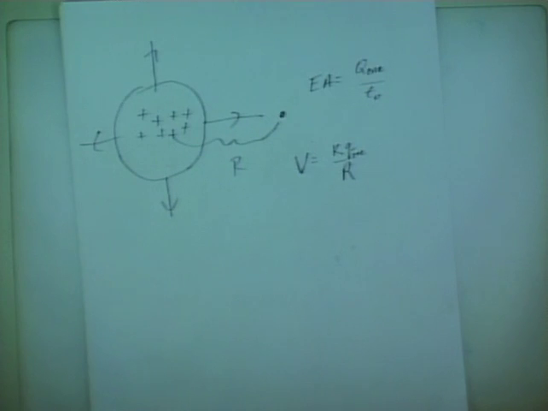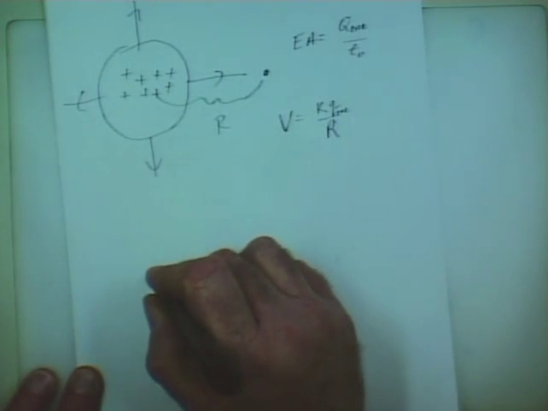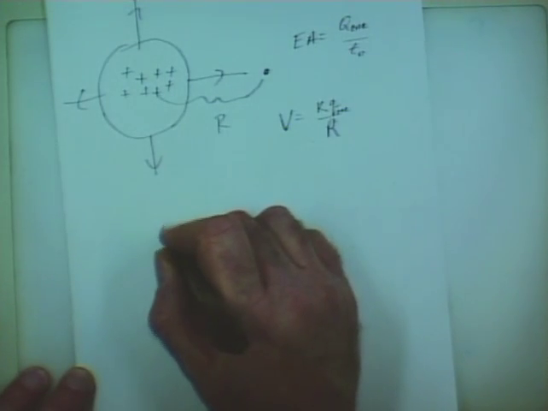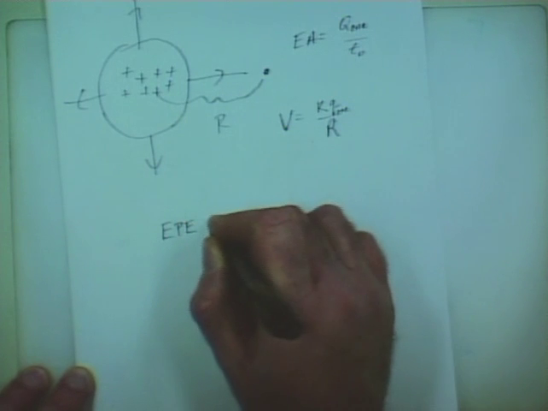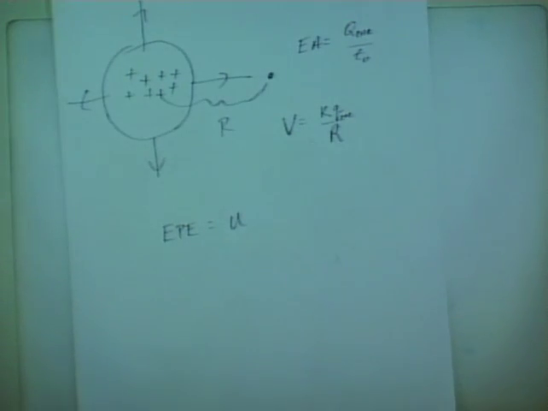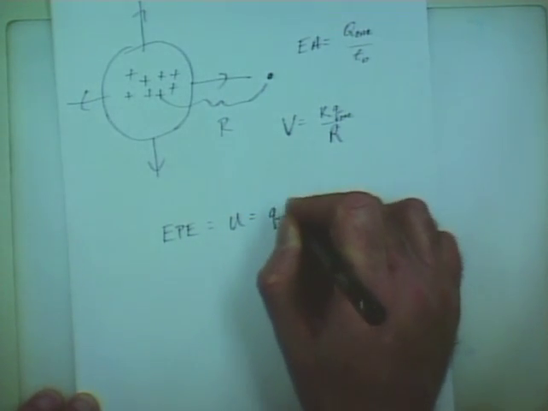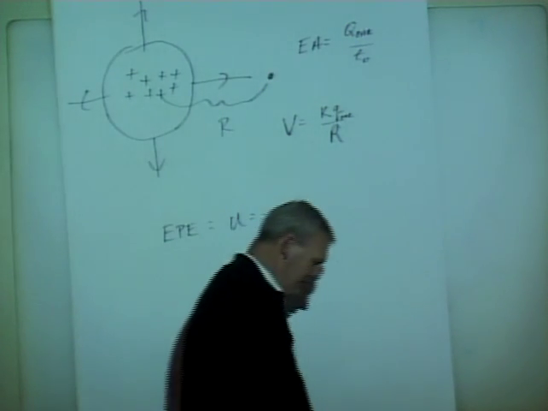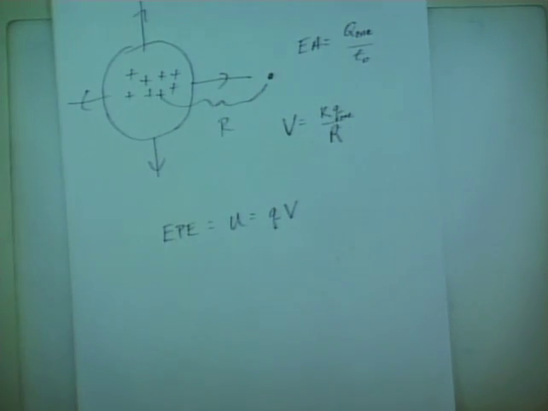Now, the first thing that the book was trying to tell you was that the electric potential energy of something, which they call U, is equal to Q times V. That's what the electric potential energy is.